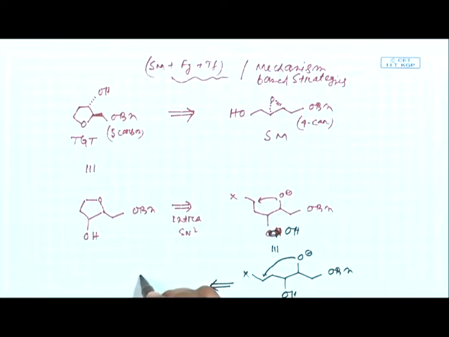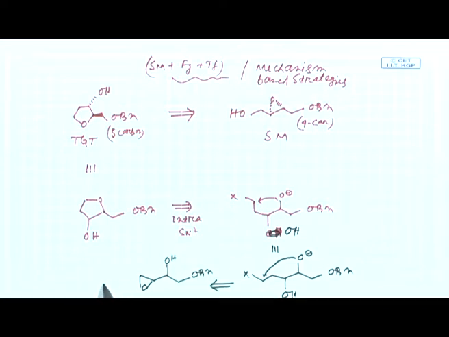If you have an intermediate something like this, with this OH, and somehow you can open up this epoxide by some nucleophile at this end, and the nucleophile must give you the extra carbon.